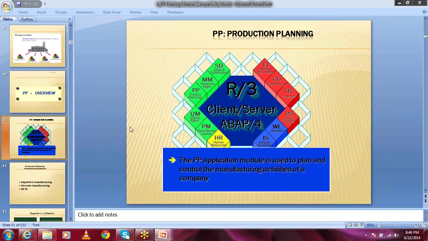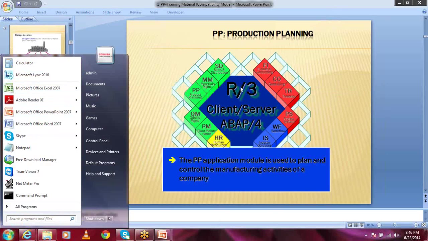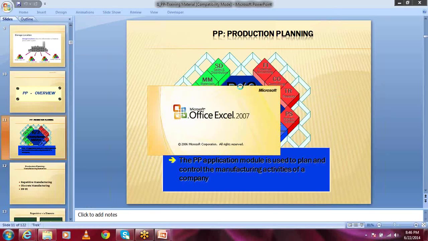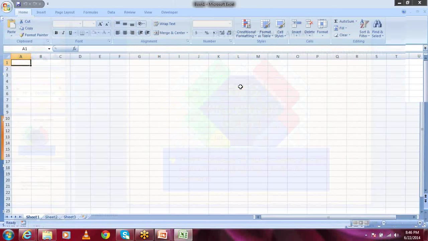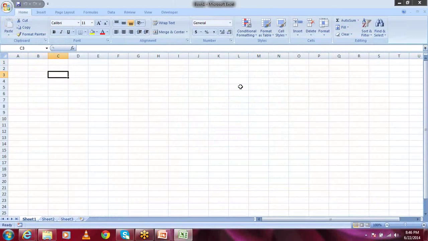Generally, in SAP or business, we follow some flow. In case of business, first you will get a sales order. For example, your business is car manufacturing.